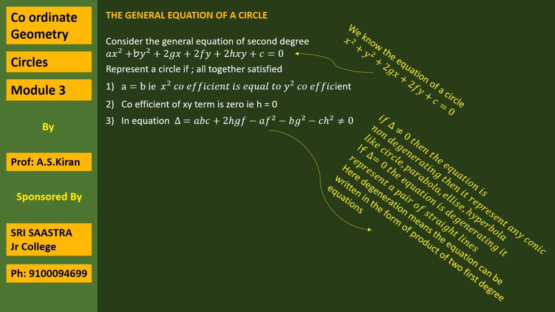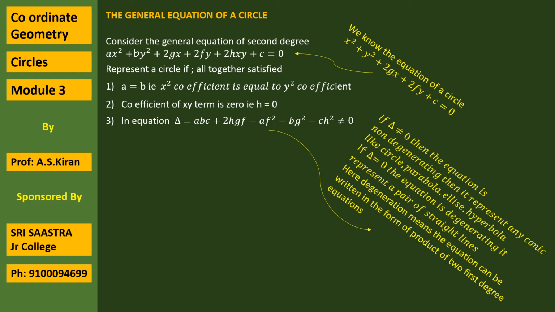Here, we can observe that degeneration means the equation can be written in the form of a product of two first degree equations. Once again, ax square plus by square plus 2gx plus 2fy plus 2hxy plus c is equal to 0 is the equation given.